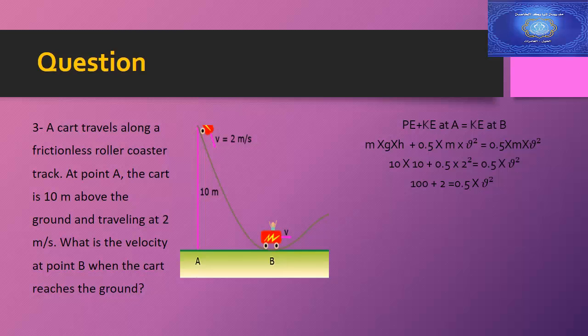So v squared equals 102 divided by 0.5. So v squared equals 204. By taking the square root, v equals 14.2 meters per second.